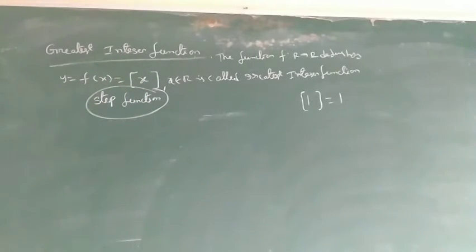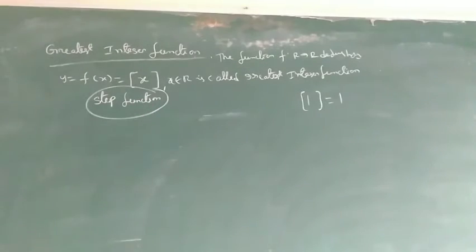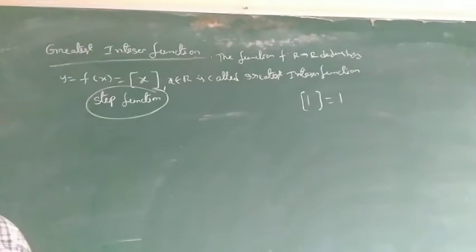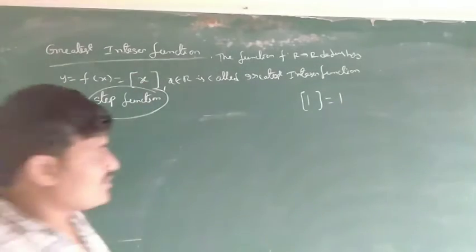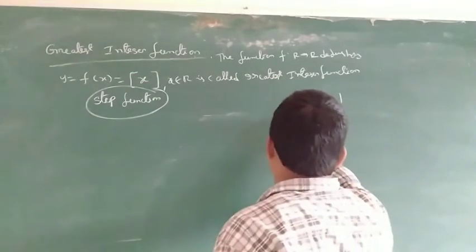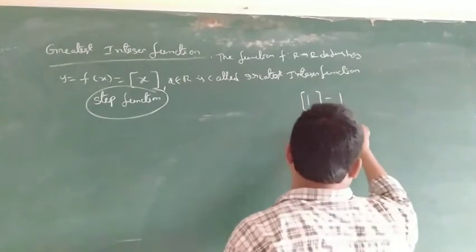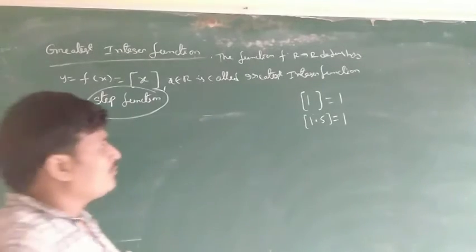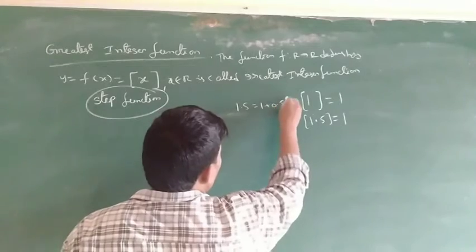Integers mean only negative and positive whole numbers. So step of 1 is equal to 1. Step of 1.5 is also 1, because 1.5 is nothing but 1 plus 0.5.